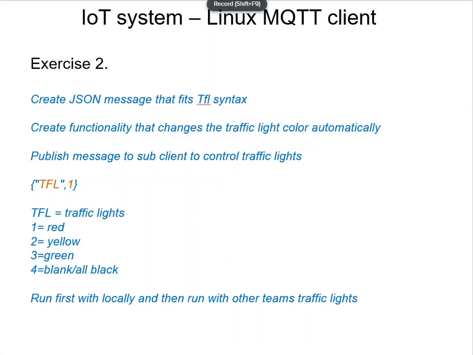Okay, when your publishing client is working, you know that it's working. Now I guess you know that you are next going to send such messages that your traffic light client, the subscribing client, will receive. So now create the JSON message that follows your traffic light syntax, and then create such functionality that you automatically send commands or messages in a way that your traffic lights work in a feasible way.